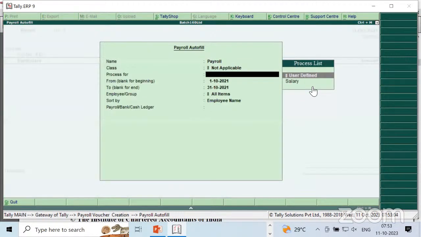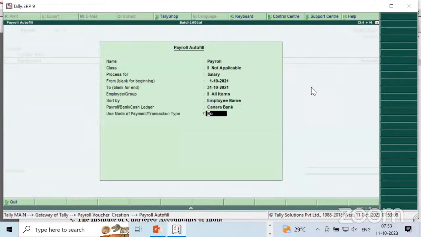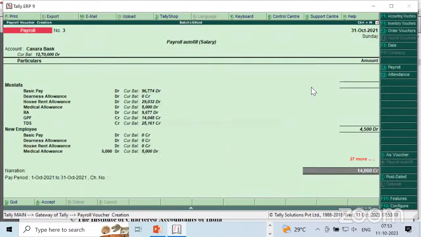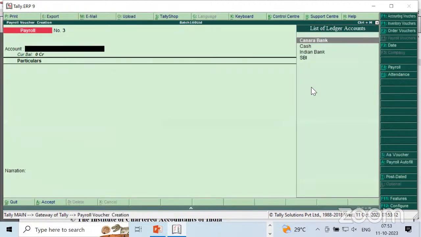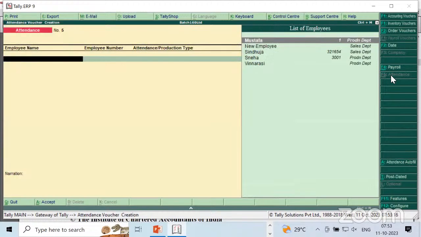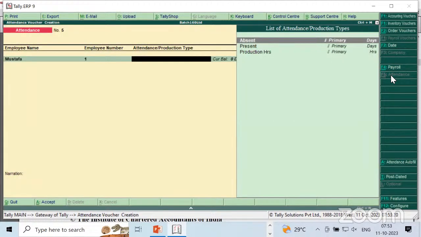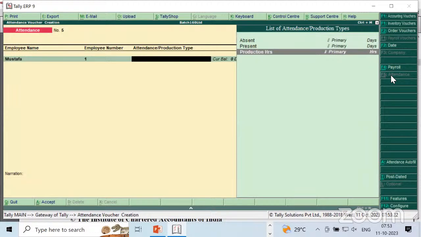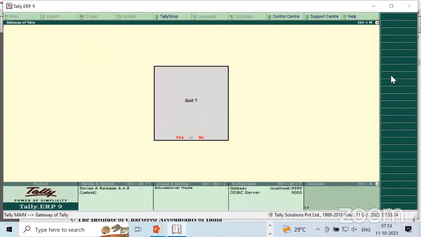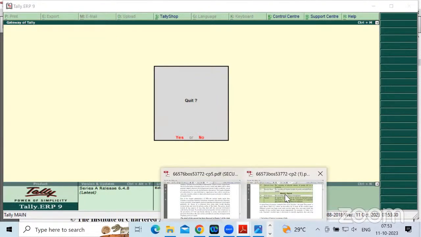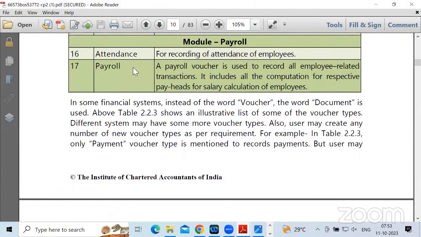So you can just select the attendance and also go to attendance. You can fix attendance for, let's say, some person for present, absent, production hours, etc. So like this, everything can be recorded. So attendance as well as payroll.